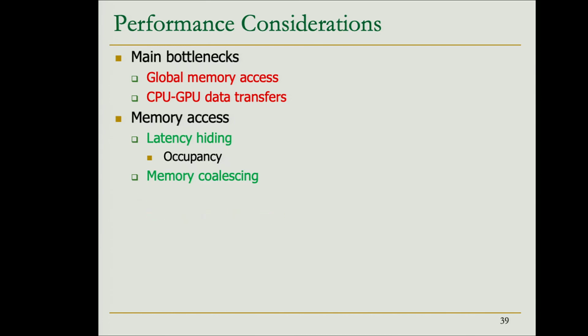So we will first talk about the concept of occupancy, which is very important for the latency hiding mechanism that the GPU has. This latency hiding mechanism is based on the fine-grained multithreaded architecture that the GPU has. And then also an important consideration is how we access the memory. We need to have coalesced memory accesses. We will see what this means.